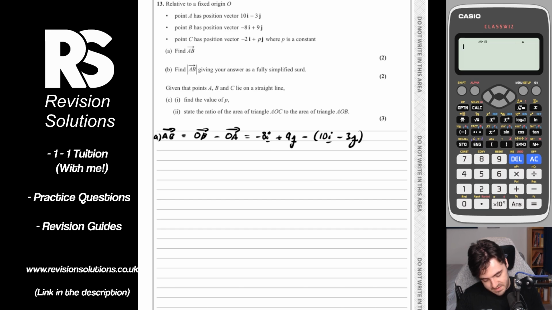And then minus 8 minus 10, that's minus 18. We have minus 18i, and then 9 minus minus 3 is going to be 12, so plus 12j.